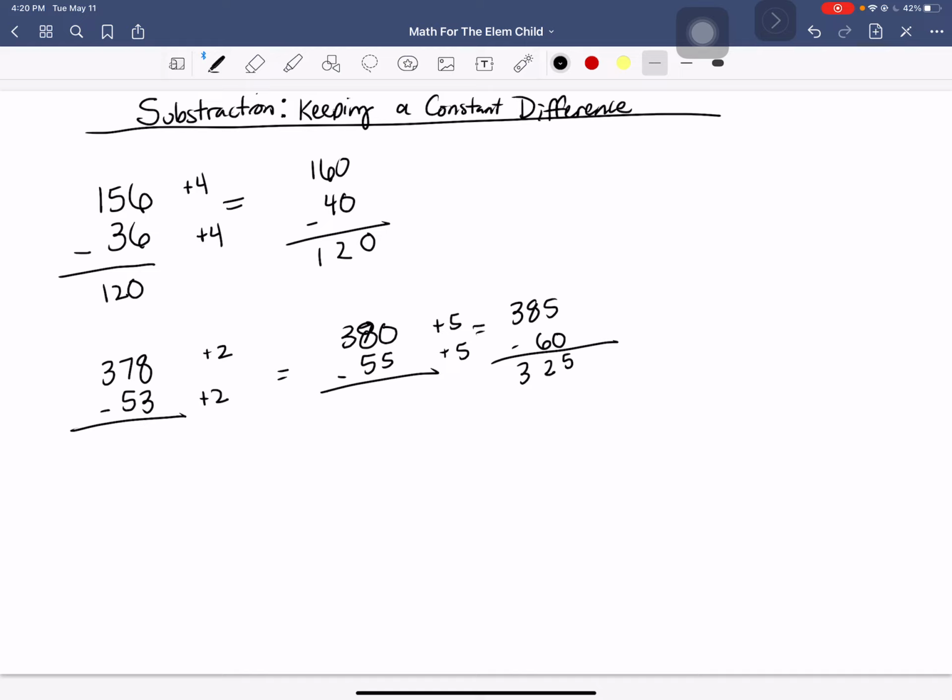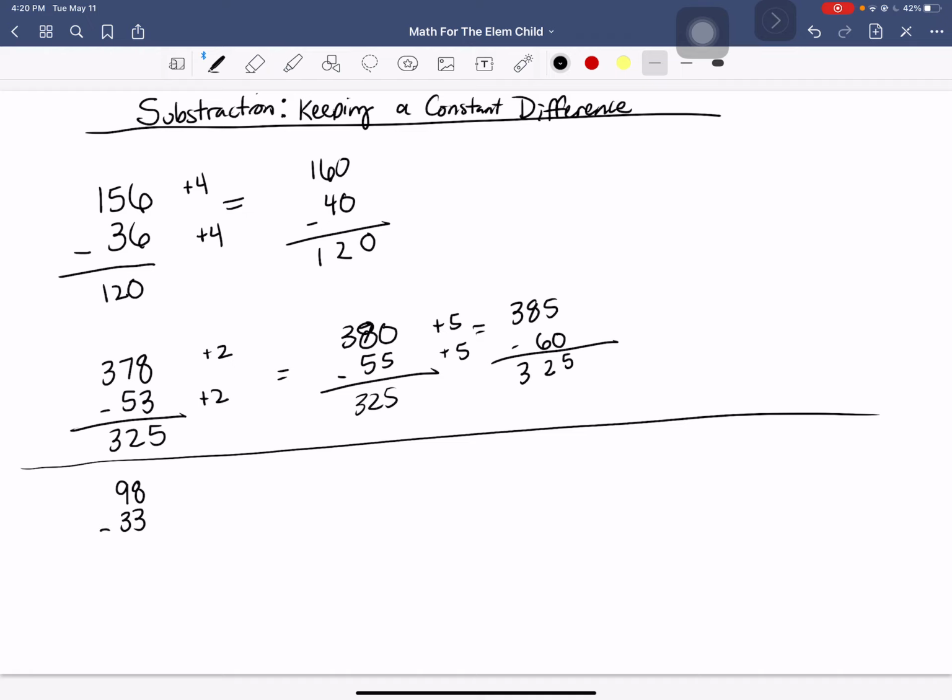And then we can try one more problem. We can do 98 minus 33.